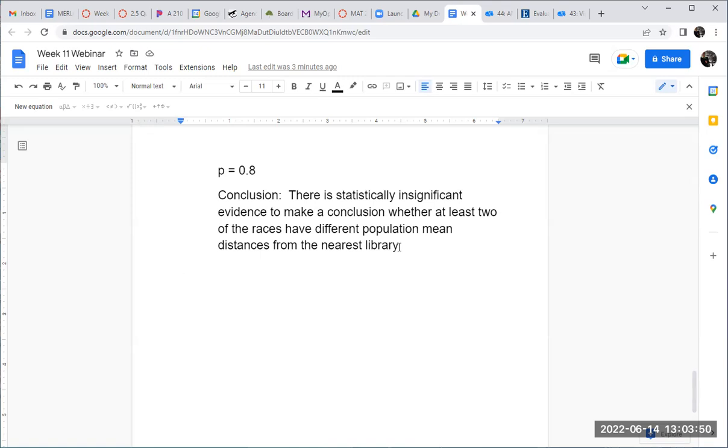There are multiple tests that will check which ones are different, but we can't do it in an elementary stats class. Any questions on that? So I want you to know that ANOVA does not tell you which ones are different. It just tells you that we have two that are different or we don't have evidence to know. Any questions at all on ANOVA?